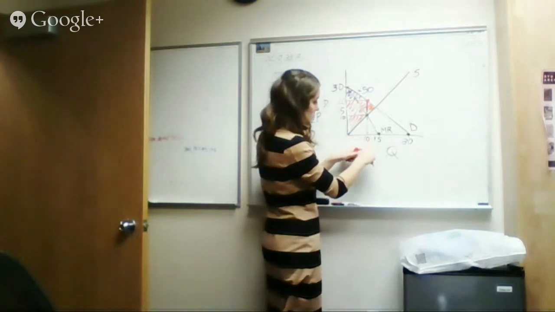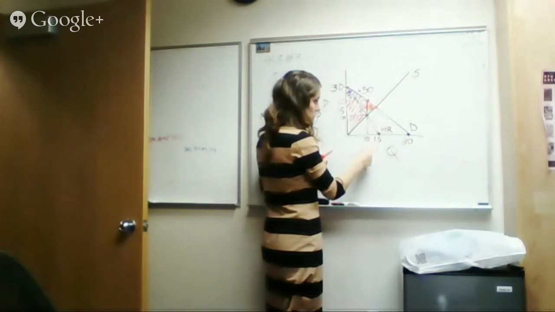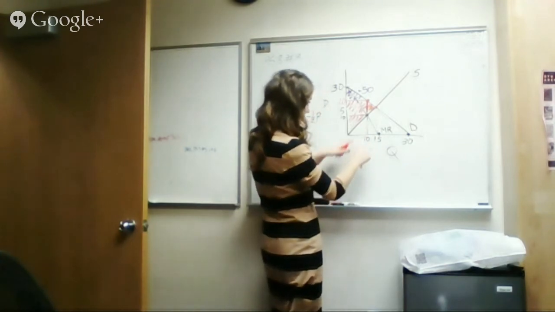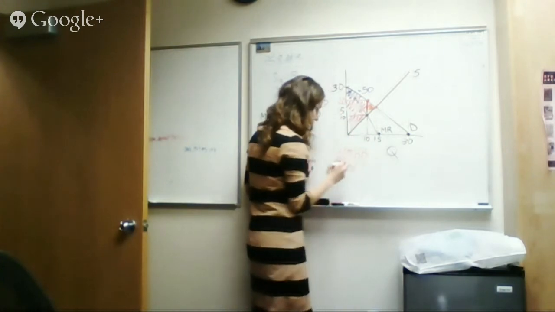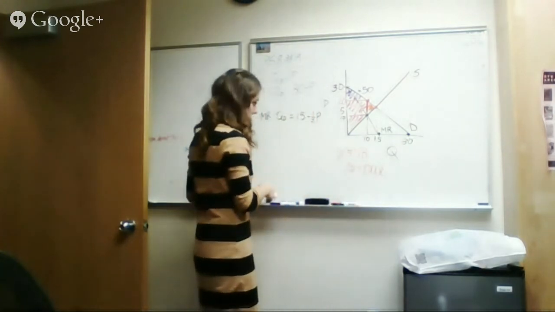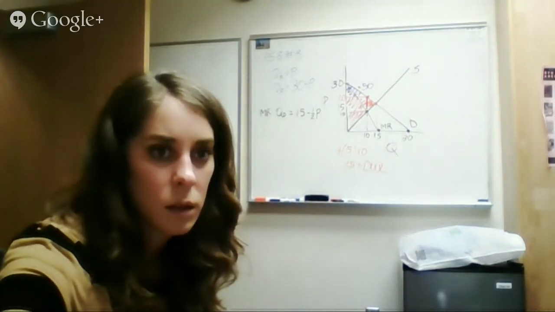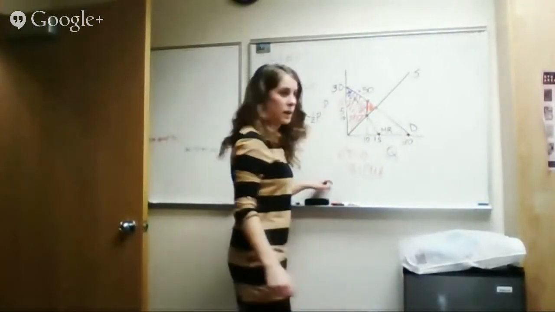So it would be the difference between these two, which is 5 and 1/2, and then times the length of this, which is 10. So you get 25 for dead weight loss. So does that make sense? Why there's dead weight loss over there?